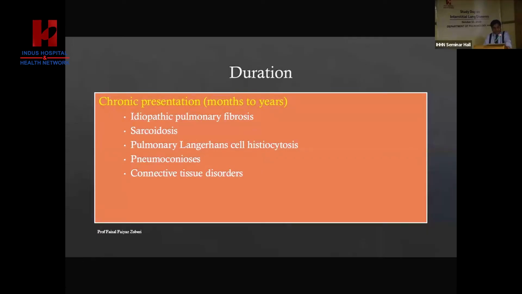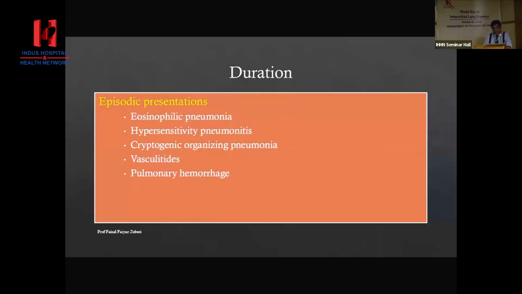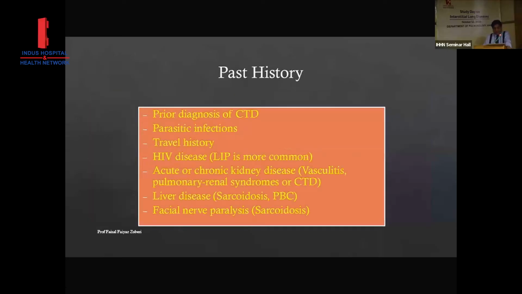Apart from that, sarcoidosis, PLCH, pneumoconiosis, connective tissue disorders. There's a huge list of disorders. Sometimes patients have an episodic presentation with a waxing and waning course of disease. In that, ask for details in the history. They may suggest eosinophilic pneumonia, HP, COP (cryptogenic organizing pneumonia), vasculitis, or pulmonary hemorrhage, for example.